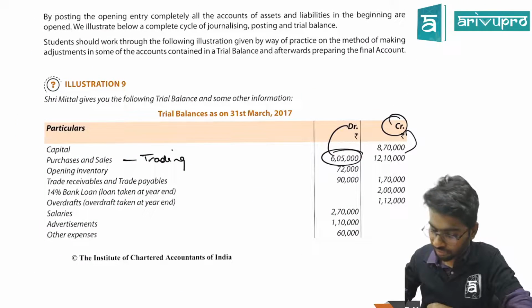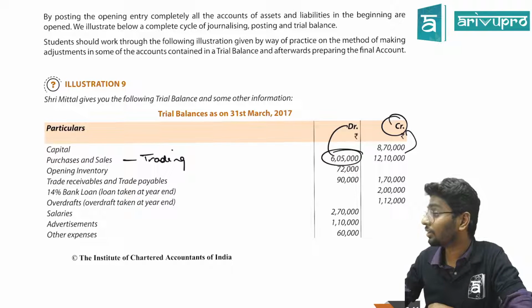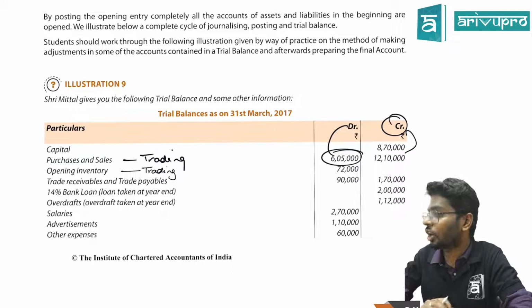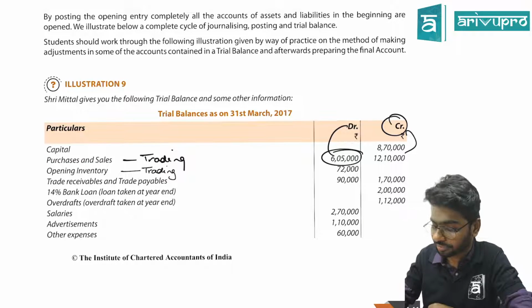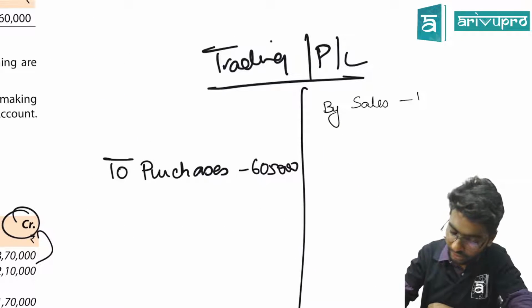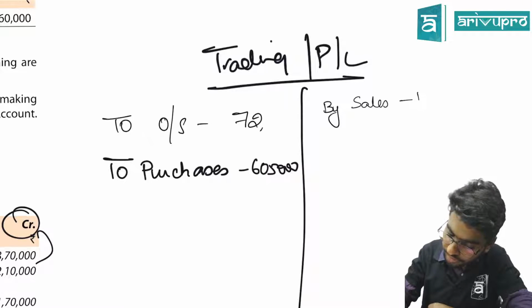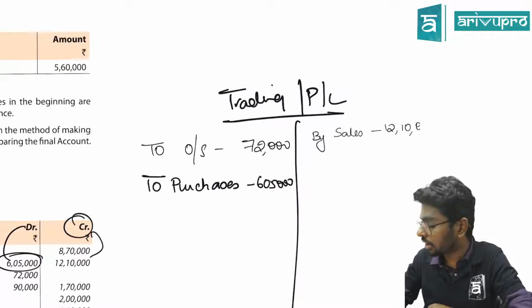Next one, opening stock, trading account. So write down to opening stock, 72,000.